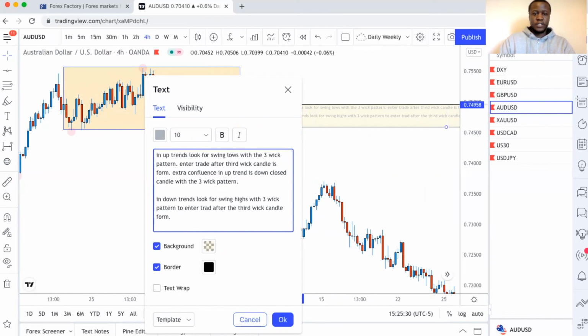And in downtrends, extra confluence is the up close candle with the 3 wick pattern.